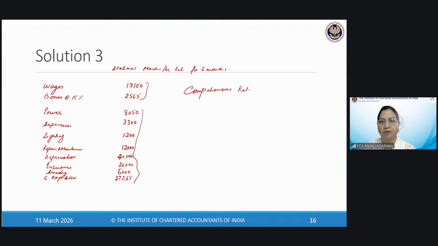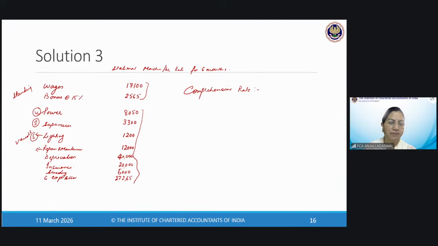Now, when you prepare a statement of calculation of machine hour rate, you generally divide your expenses into standing charges and variable. So power is always variable. Supervision is standing charges. Lighting is taken as standing charges.